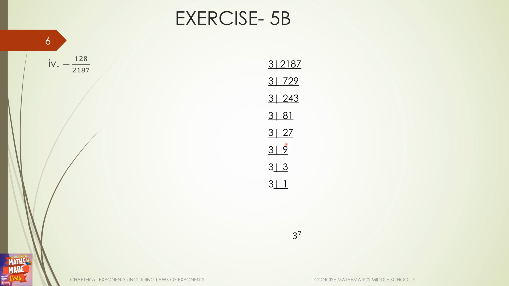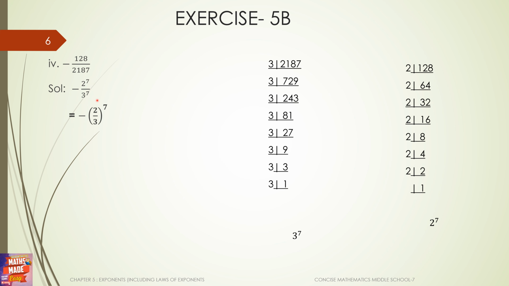It is divisible with all 7 threes. Similarly, 128 is divisible with 7 twos. So just replace it with 2 to the power of 7 by 3 to the power of 7. Since the powers are same, you can just put a common power. This is how we get the answer. It is very easy, children, if you remember the formula and know when to substitute which formula.